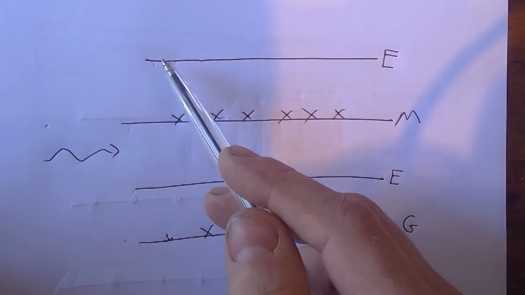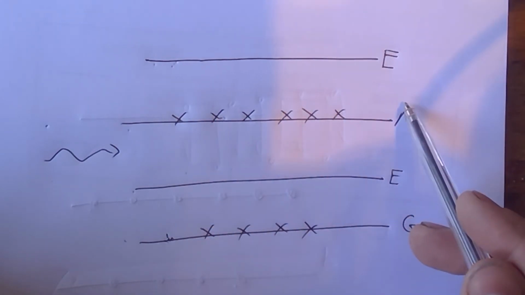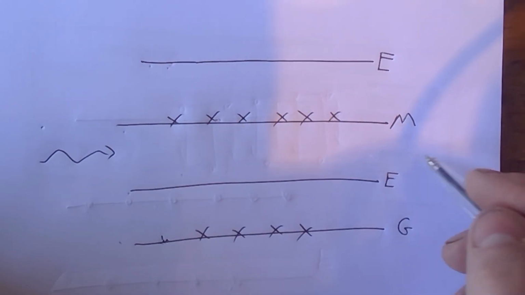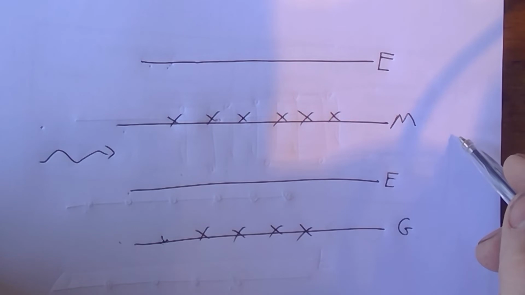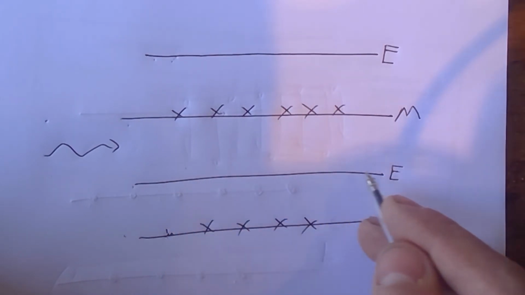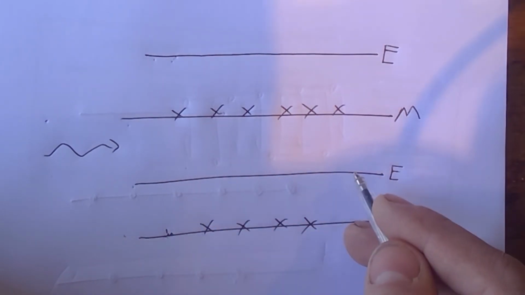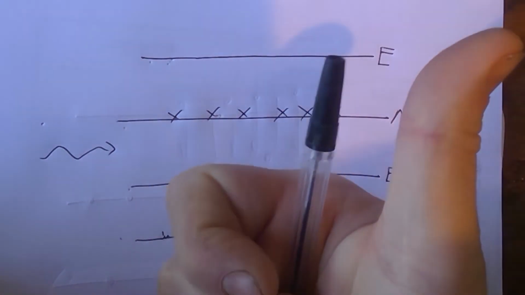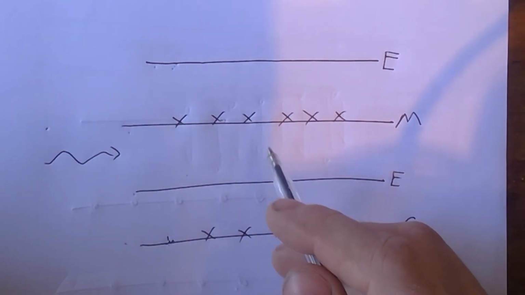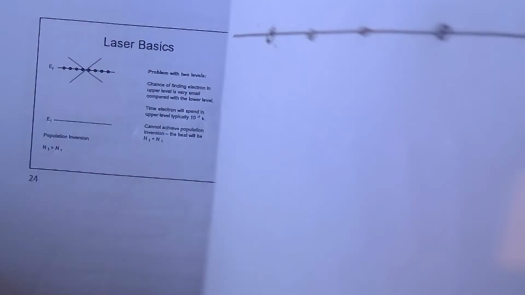Here I've pumped up 6 electrons and I'll get 6 more photons out. 7 photons in total. There are no electrons here that could reabsorb the laser light. Yes! Woohoo! So this is much more efficient than the 3-level laser.